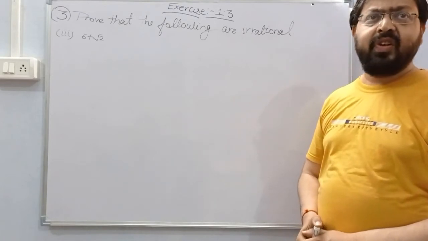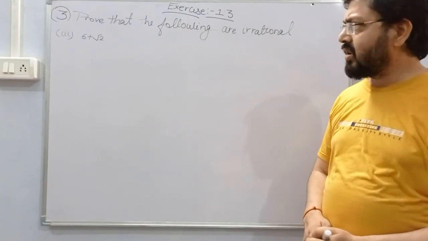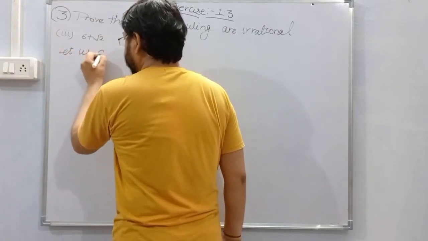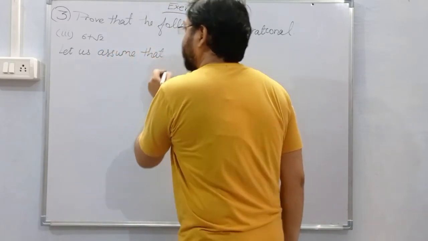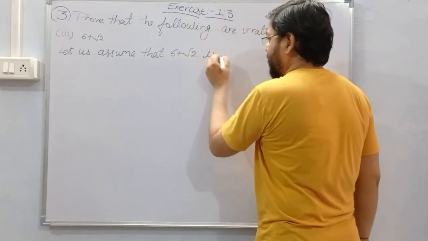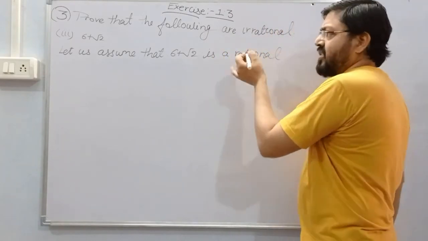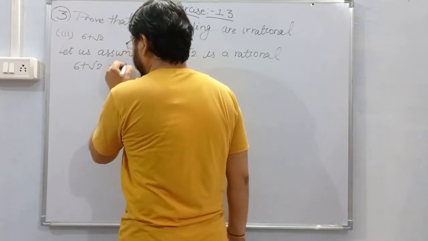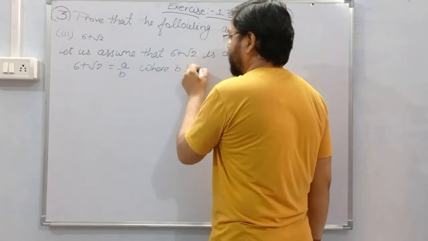If it is rational, then we can express it in the form of a upon b, where b is not equal to 0.